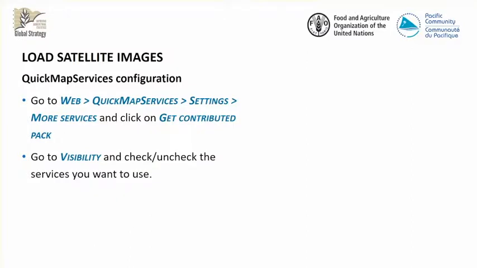But I'm going to show you how to install and configure QuickMapServices, because sometimes it's easier to configure. To learn both systems, I think it's the right way to go.